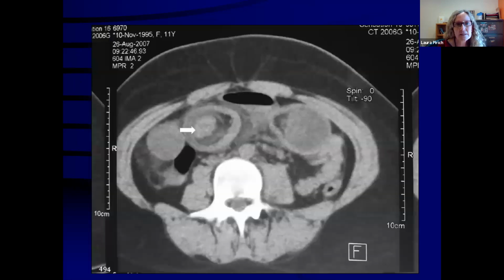When we think about intussusception in the world of oncology, we think of the lead point for that intussusception being a tumor. So what's the tumor that can be the lead point and that we see in pediatrics for an intussusception?